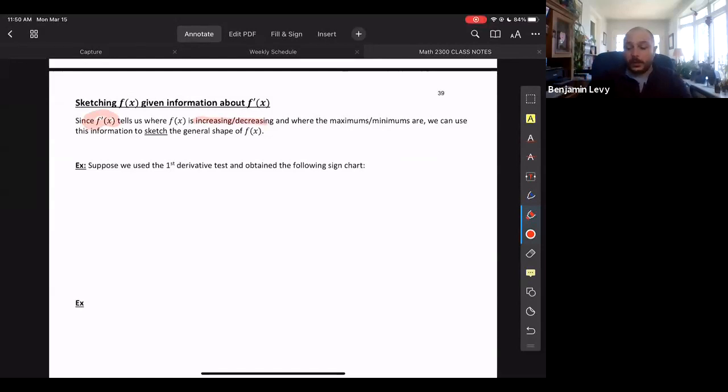And it tells us where the max and mins are because we find the critical points, right? And so this part here is just talking about the derivative being 0, right? And so we can use that information to sketch a general shape of the function. We're not getting beautiful pictures here, just to be clear. We're just going to sketch the shape. And so let's just do an example here.